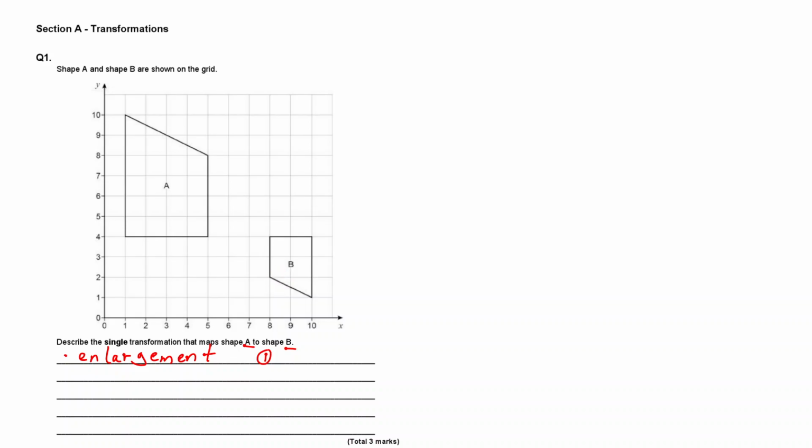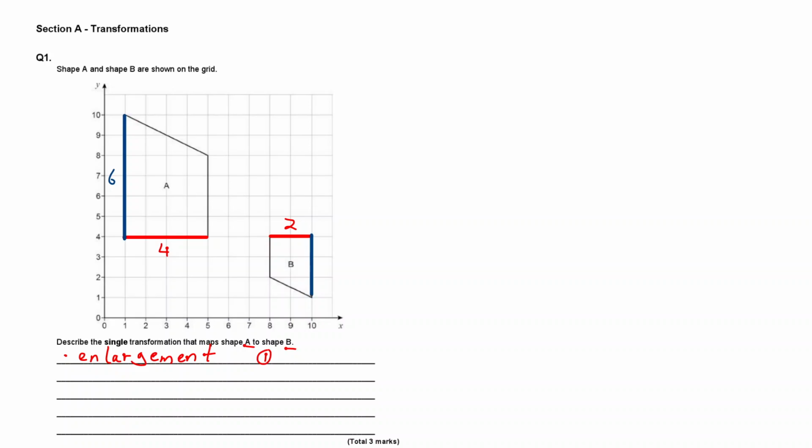If I take a corresponding side, this bottom side here, which is 4 squares across, and I choose the same side on shape B, which would be this one, they're the matching sides. That side is 2 squares across. From 4 to 2, I've halved. Let's double check it makes sense on another side. This tall side is going up by 6 squares, and on this one it is going up by 3 squares.